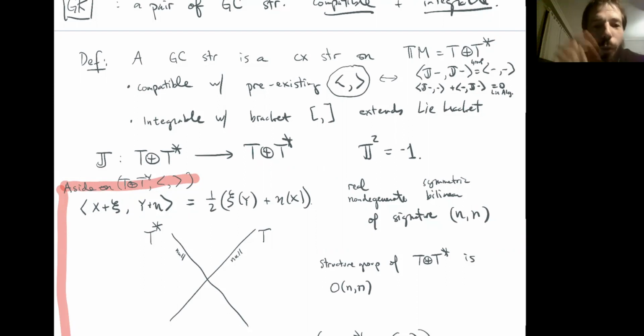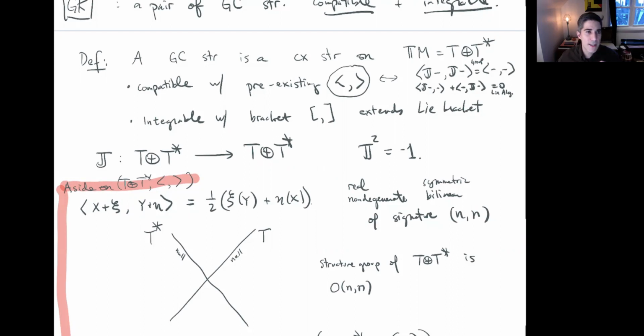One question is why don't you emphasize the special role of the cotangent bundle inside tangent plus cotangent? Even if you're talking about the linear algebra, you have a flag. I would say that at this point there is no distinction. The distinction comes purely from the integrability side.